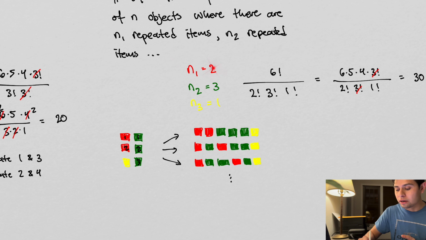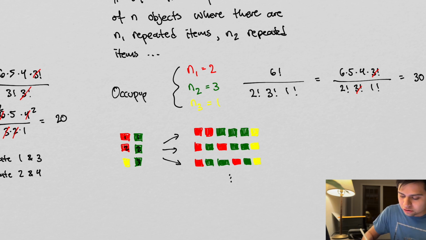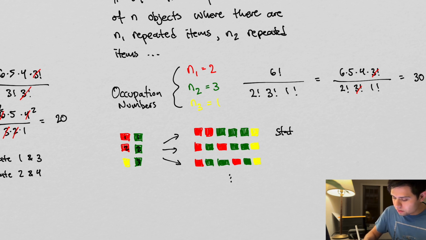So these are called occupation numbers. I'll write this down because this is an important term. Occupation numbers. And this is a state. This is another state. This is another state.